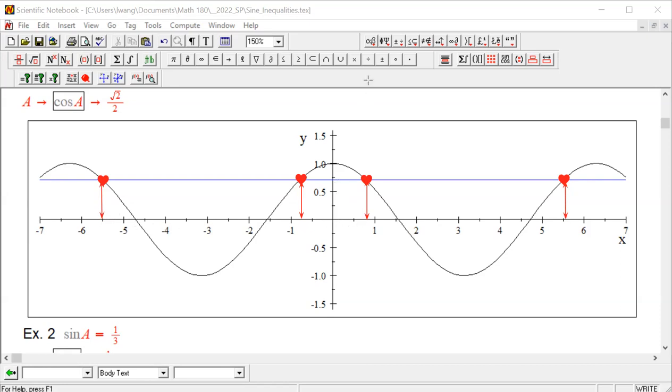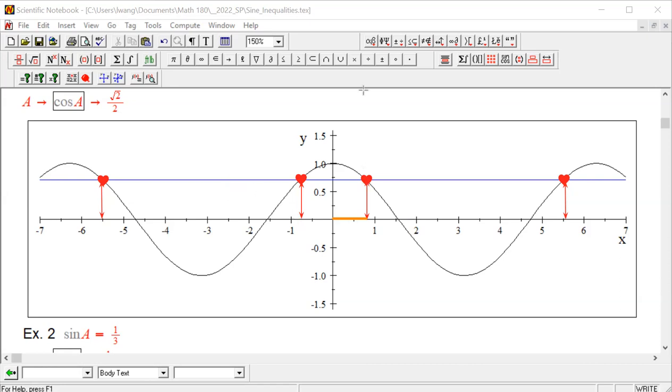And what would be this guy? This piece, this length. Okay, this length is what? Pi/4. And this is the red, right? If you reflect on how we graph the cosine curve, and this is the red.